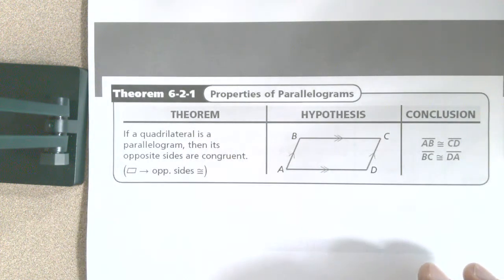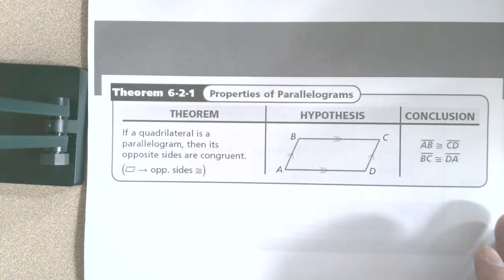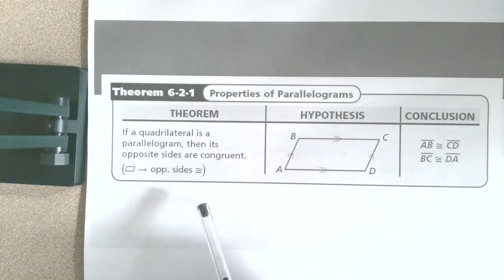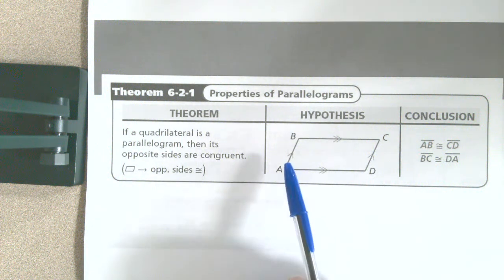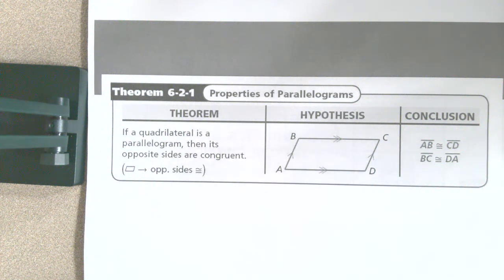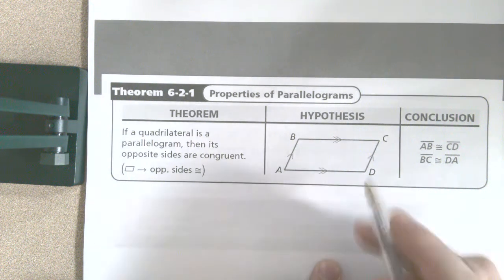Let's go ahead and go on to our next slide. So property number 2. If a quadrilateral is a parallelogram, then we know that the opposite sides are congruent. So not only are the opposite sides parallel, but the opposite sides are going to be congruent to each other. So in this figure here, AB would be congruent to CD, and BC would be congruent to AD.